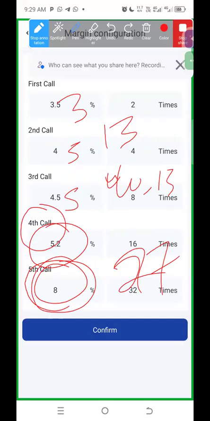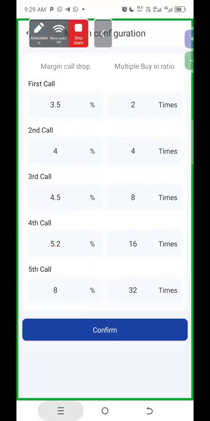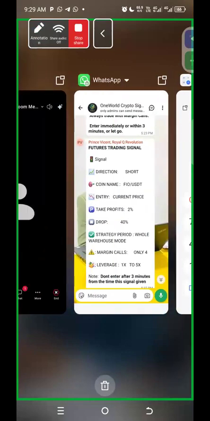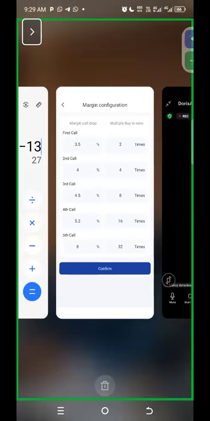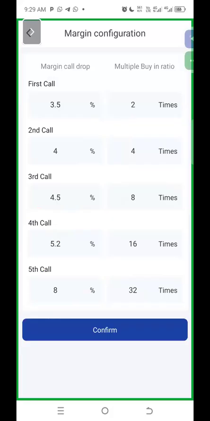I don't know if you get it. Do you get it? Please, do you get the concept? Do you get what we are discussing?